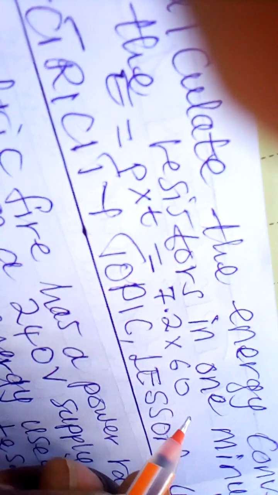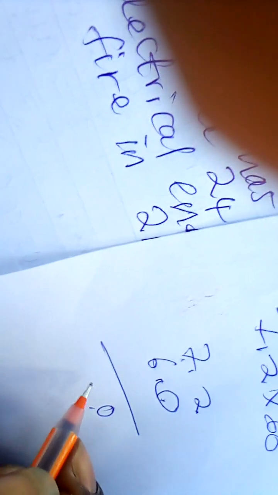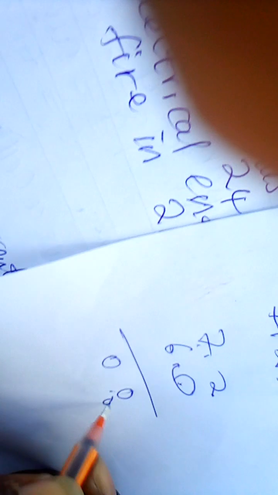Then we say 7.2 times 60. Let's use this paper. We write 7.2, then write 60. Now we say 0 times 2 is 0, 0 times 7 is 0. Here we put 0.